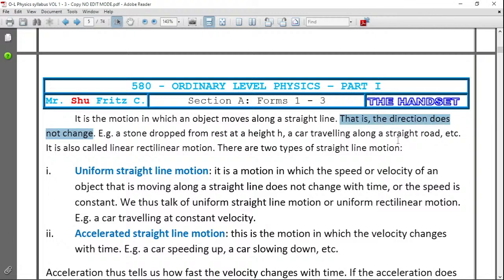And motion on a straight line can be further divided into two. You have uniform straight line motion and accelerated straight line motion.